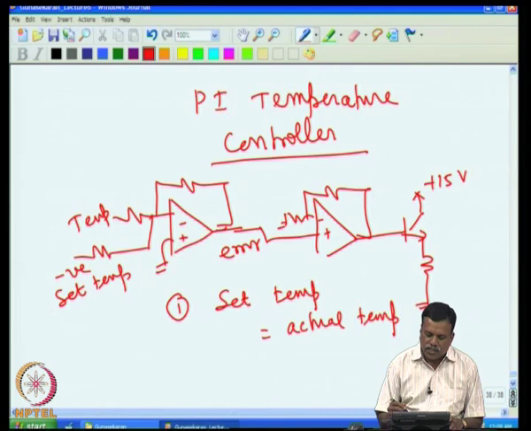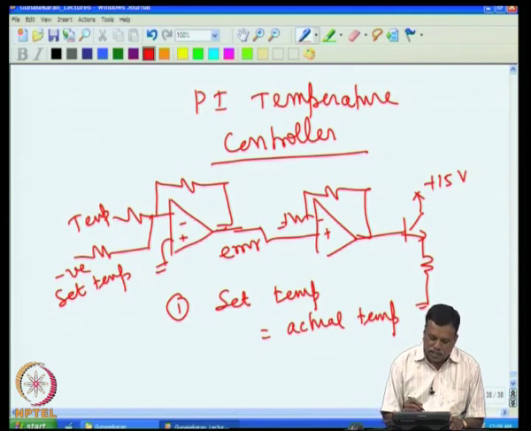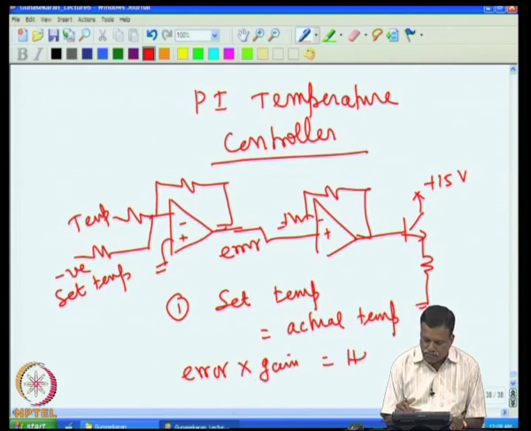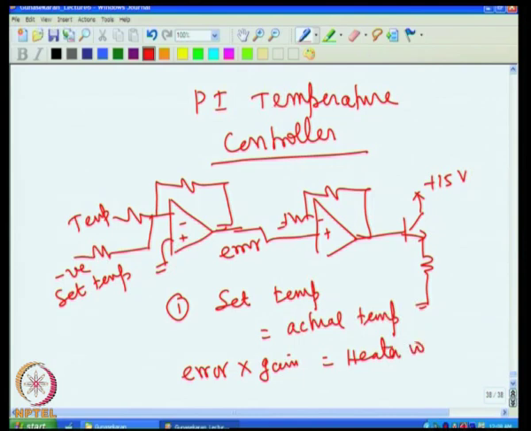The difference depends upon how much gain you had given. Essentially, the error into the gain is the heater voltage. Since we always need a heater voltage and the gain is not infinity, there is always an error.